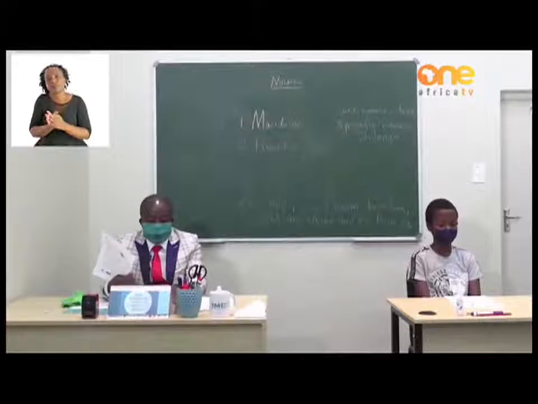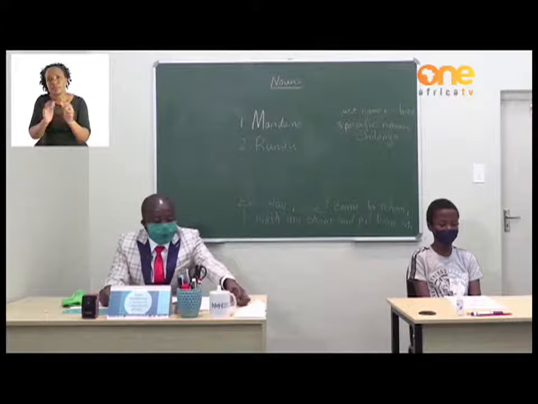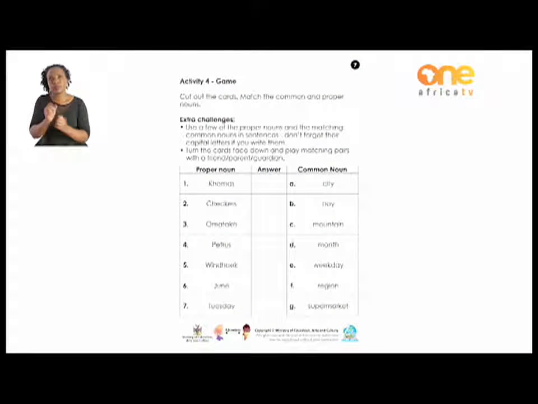Now we move on to page 7, where we have our activity number 4. It says, cut out the cards. Match the common and proper nouns. Extra challenge is to note, use a few of the proper nouns and the matching common nouns in sentences.